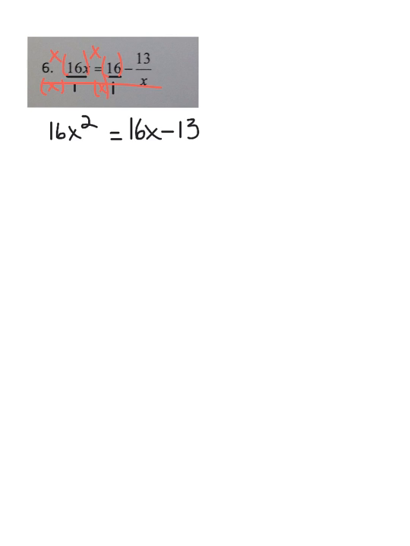All right, I am going to take all of these guys and bring them over to that side, which means I'm going to change all their signs. So 16x squared, then that's going to become a minus 16x, and a plus 13 equals 0.